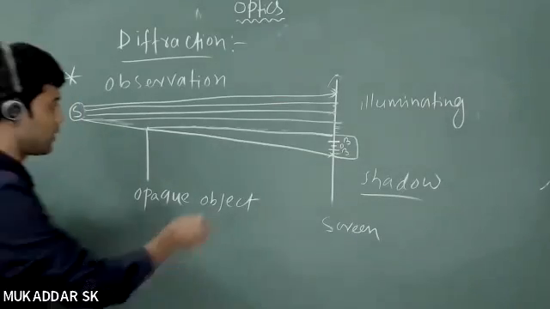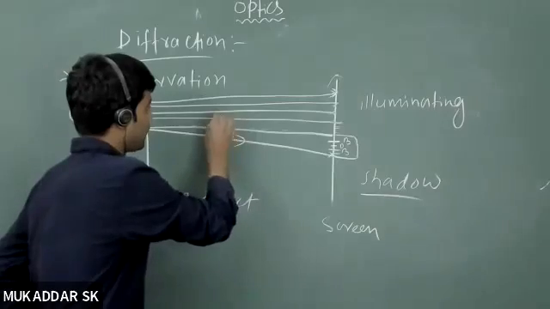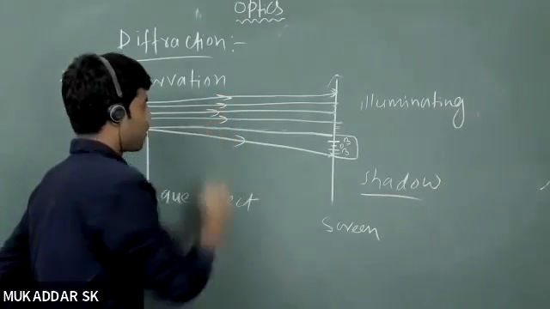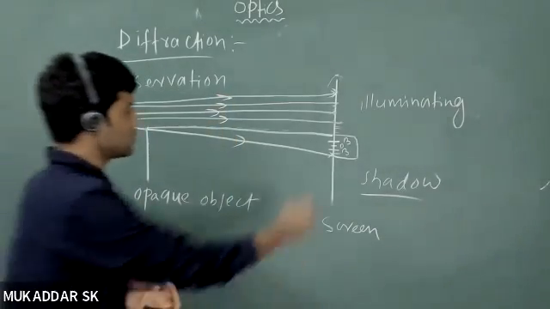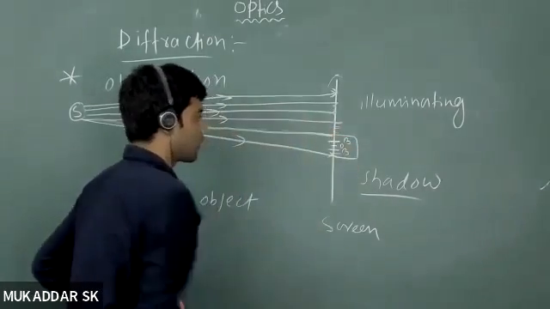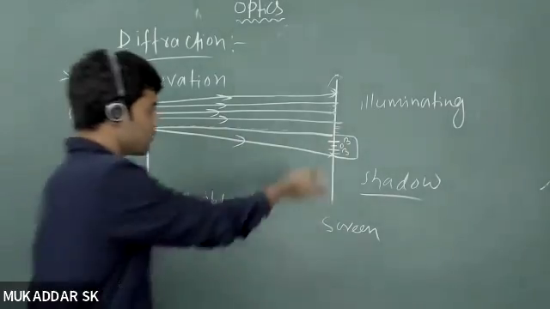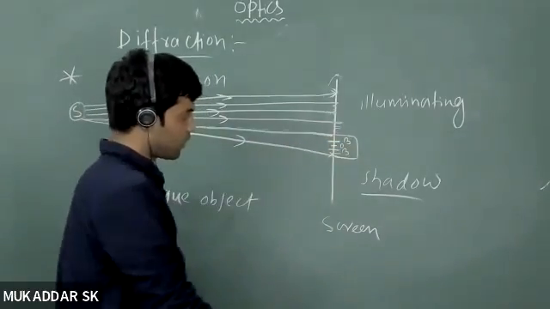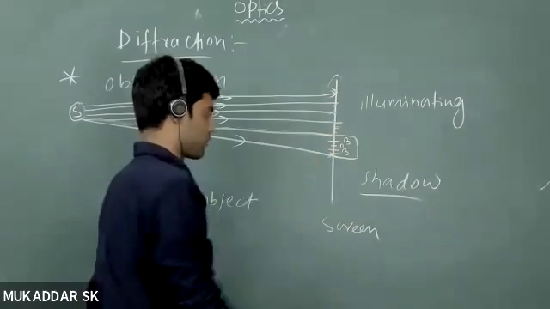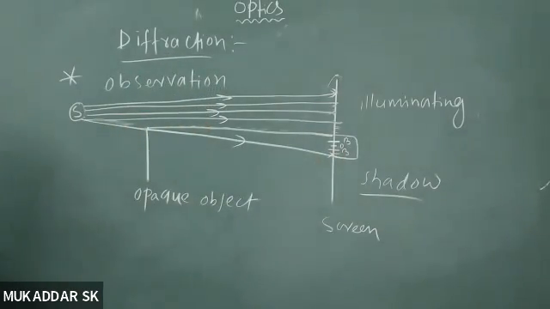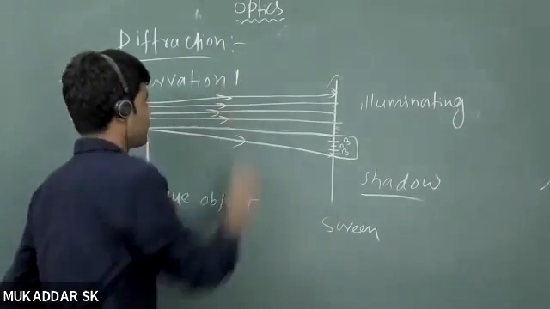Because this portion cannot contain any fringes or any light. But experimentally, what we observe, this portion also contains that light or fringes. So diffraction is nothing but bending of light at the edge of opaque object. Okay, this is observation number 1.